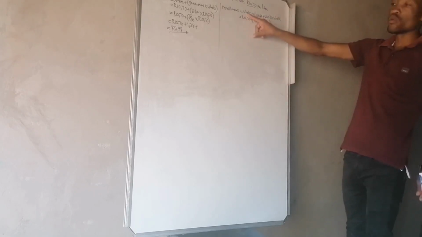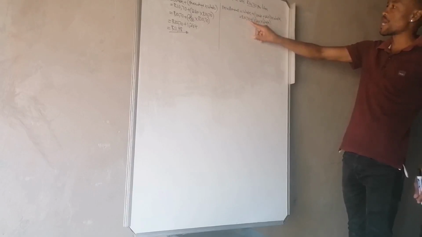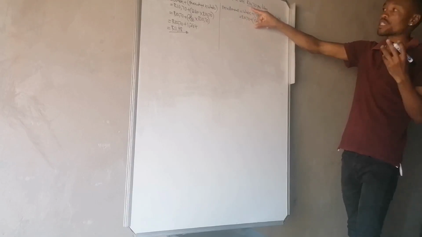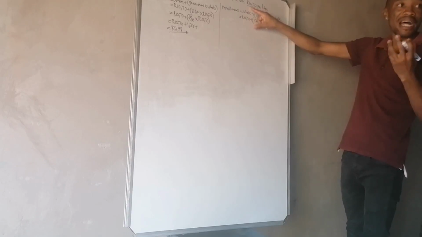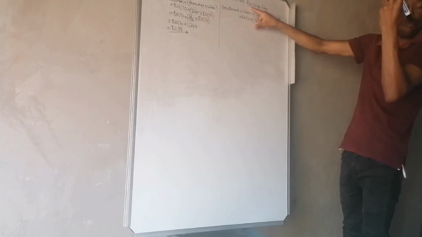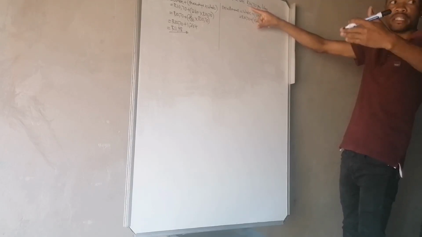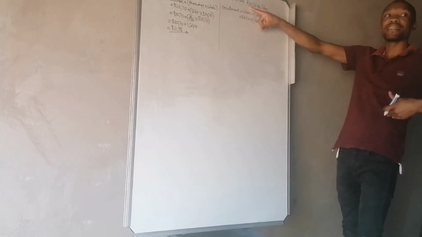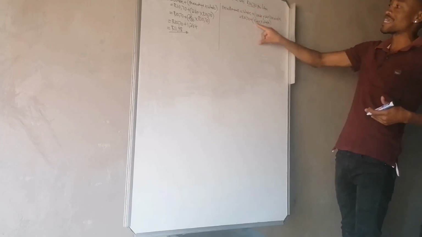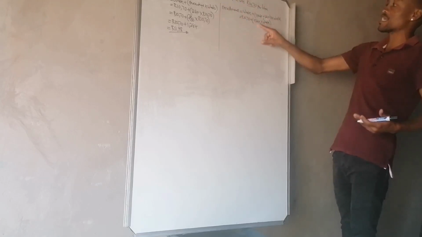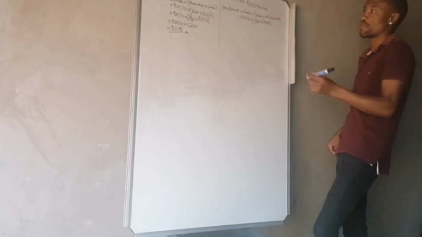So our whole is 10 rand 70, because originally petrol was 10 rand 70, and that was 100%. The amount of petrol has increased by 12%, so it exceeds 100%. It is 112%, because 100% plus 12% is 112%. That is multiplied by the whole.